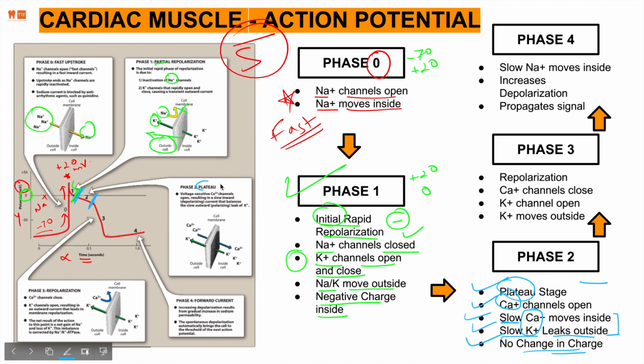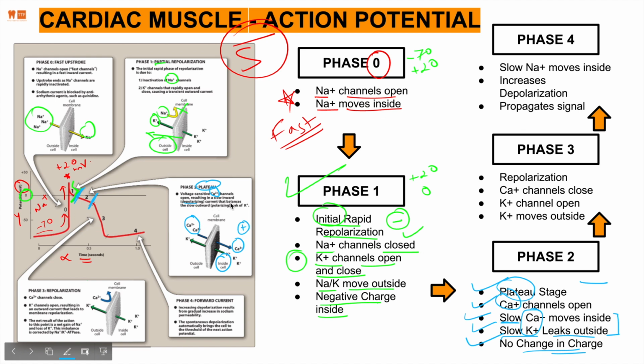It's known as the plateau, where voltage sensitive calcium channels open, resulting in slow inward movement, causing depolarization. Remember, when calcium enters the cell, it causes depolarization because it's a positive ion.